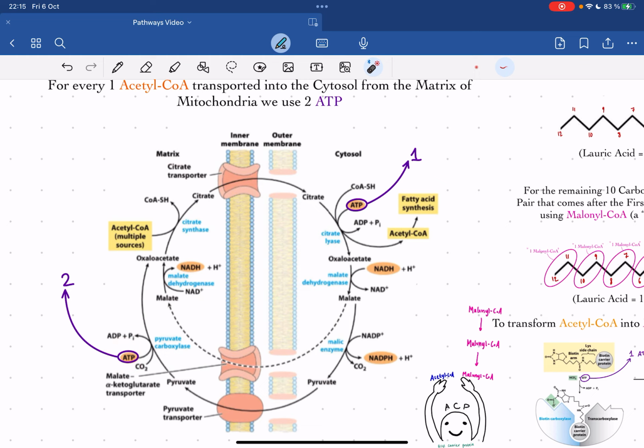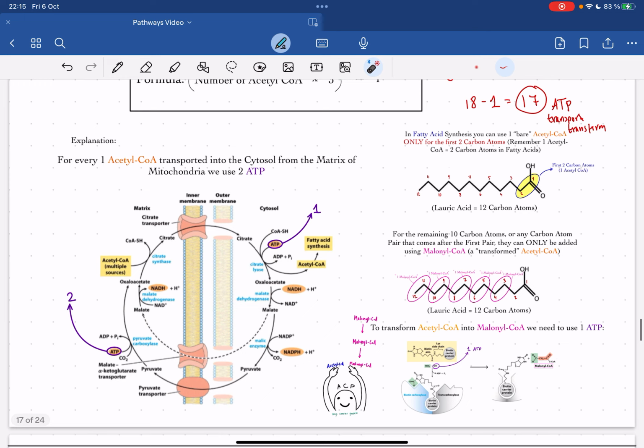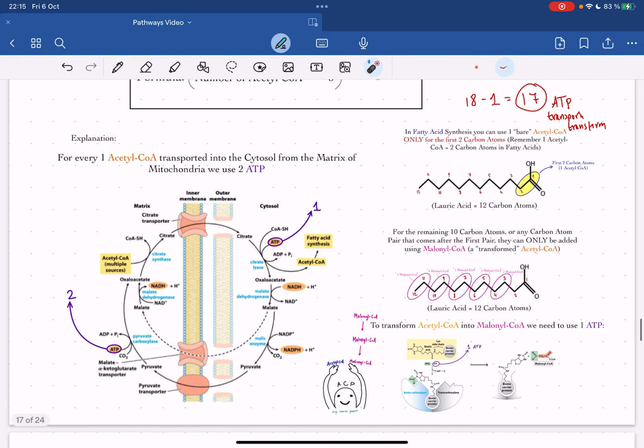So in total, we use not 1, but 2 ATP molecules for every acetyl-CoA we are transporting from the matrix of mitochondria into the cytosol. And this doesn't matter whichever fatty acid we're creating, it's always 2 ATP per acetyl-CoA.